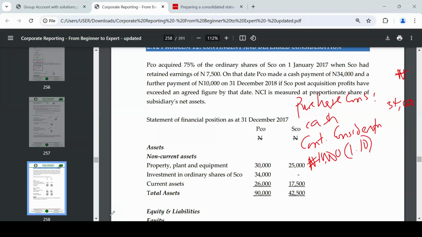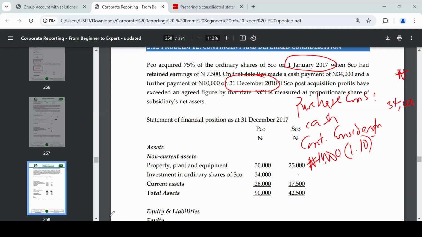Now I'm going to count. Don't forget I said you are doing this as at the date of acquisition. Between the date of acquisition, 1st January 2017 and 31st December 2018. Can somebody tell me the number of years, our n, raised to the power of minus n? What is n?